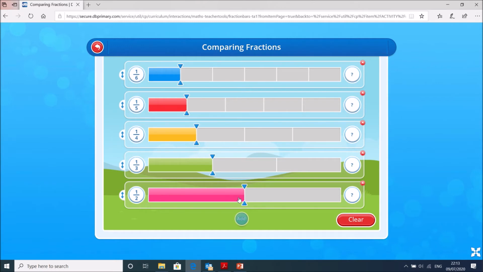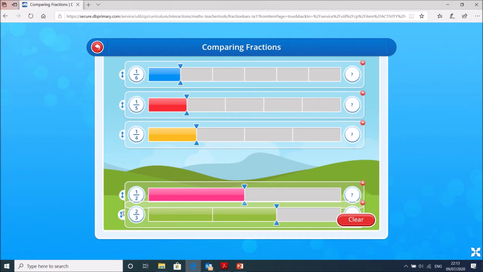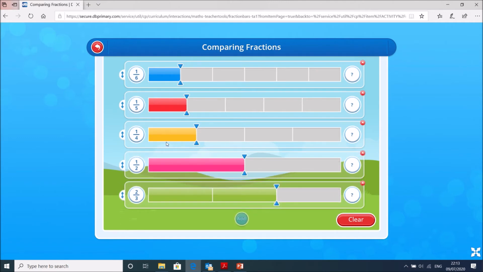But let's see if we can find equivalent fractions. So for my thirds, let's add a fraction, we now have 2/3, but this is larger than a half. So this can only be 1/3 or 2/3, but neither are equivalent to a half, neither are the same. So I'm just going to move this out of the way. Let's look at quarters.